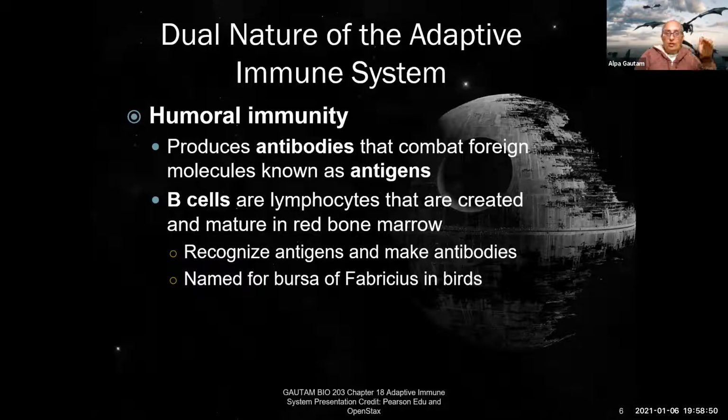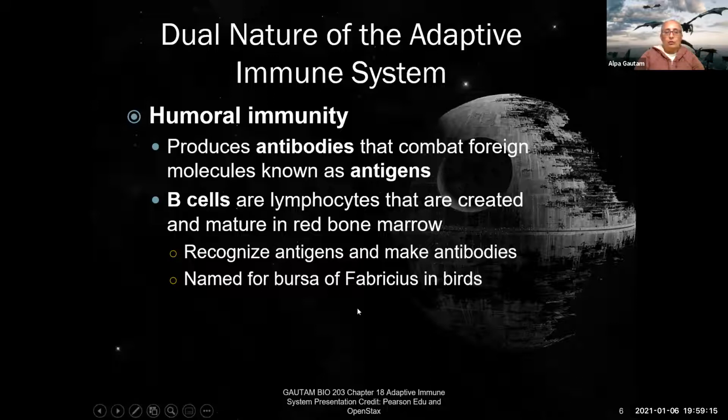And when they come in contact with their pathogen, they interact with the T helper cell and produce antibodies. So they recognize antigen. By the way, an antigen is something that an immune cell responds to, okay? So the B cells will make antibodies to their specific antigen once it comes in contact with it, right?